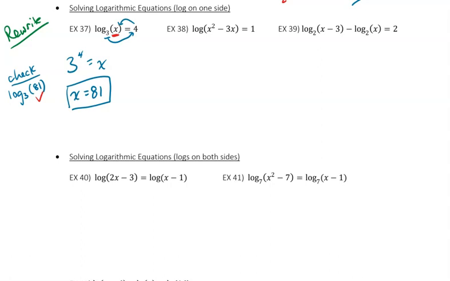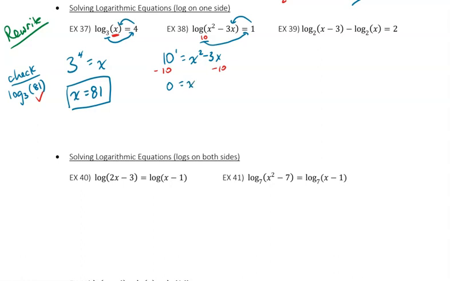So for example 38, looks like just log. So remember that's log base 10. So it's going to be 10 to the first equals x squared minus 3x. Then we're going to solve it. To solve this one, we can subtract 10 from both sides, set it equal to 0.